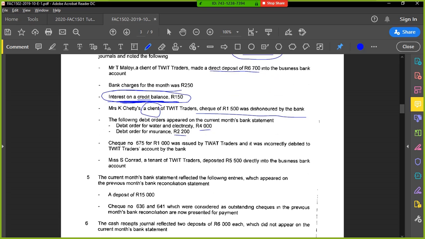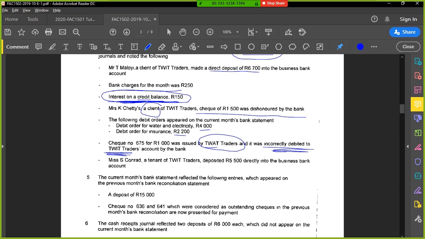Check number 675 for 1,000 was issued by Twat Traders and it was incorrectly debited to us. So we adjust? No, we don't adjust. Whose check is this?